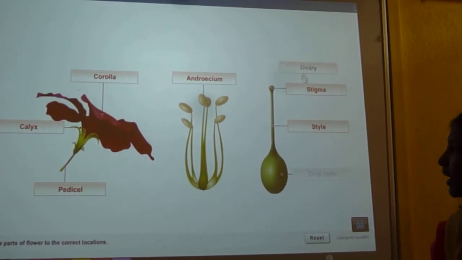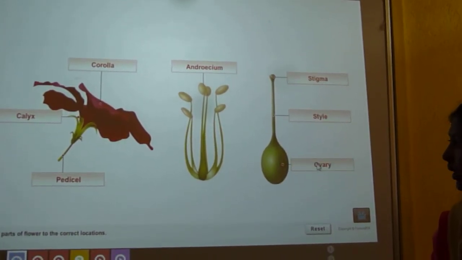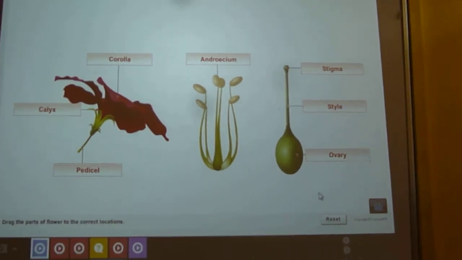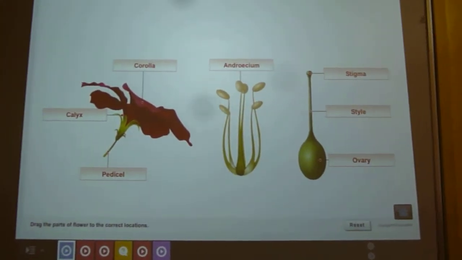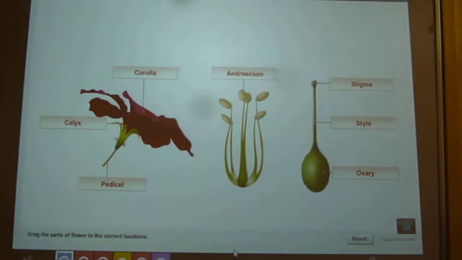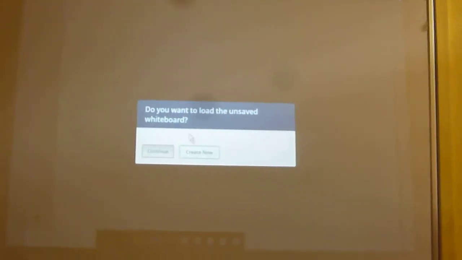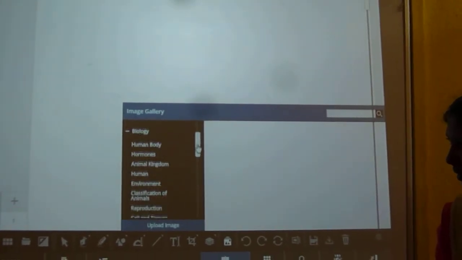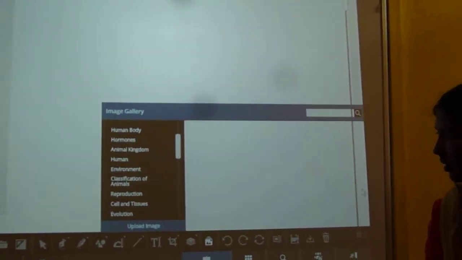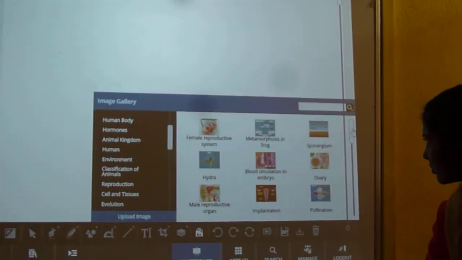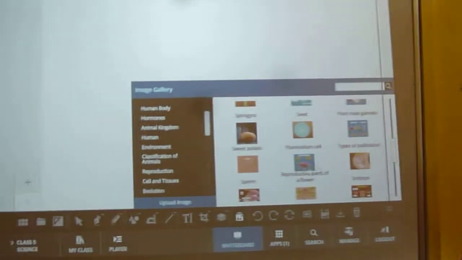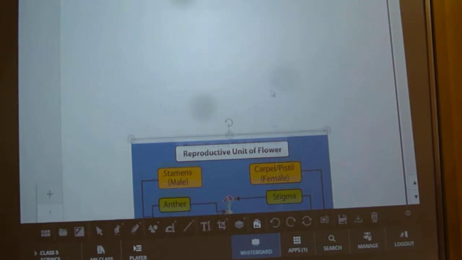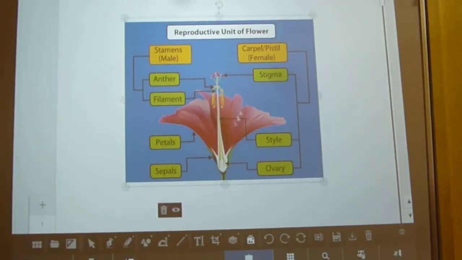And the last part is called the ovary. Okay. Next, let's see an image of this flower. Yes. So this is the reproductive unit of a flower.